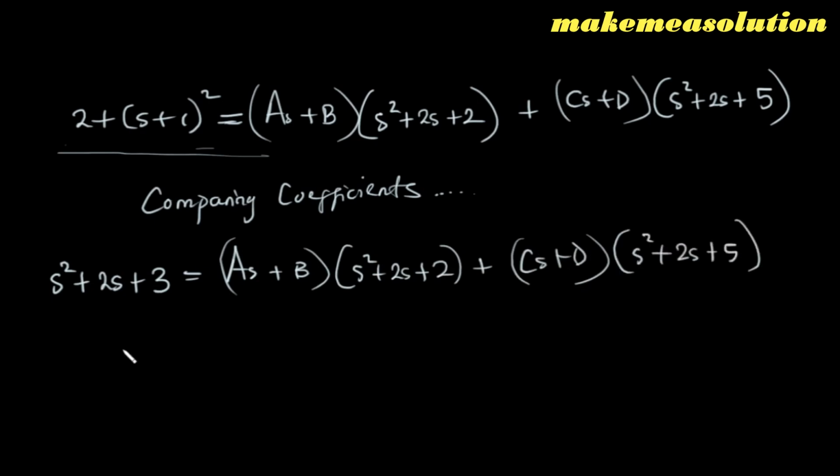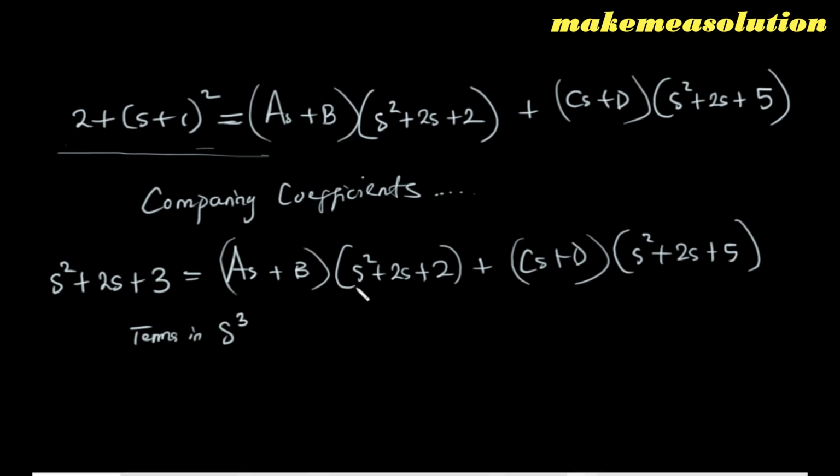So the first thing we are going to look at is terms in s cubed. Now from the right-hand side, you have to be very careful here. When you're considering terms in s cubed, what are the terms from the right-hand side that can contribute s cubed?